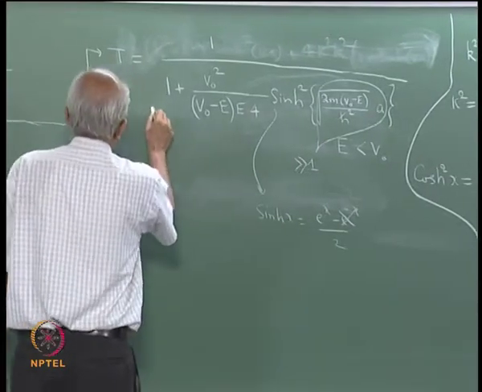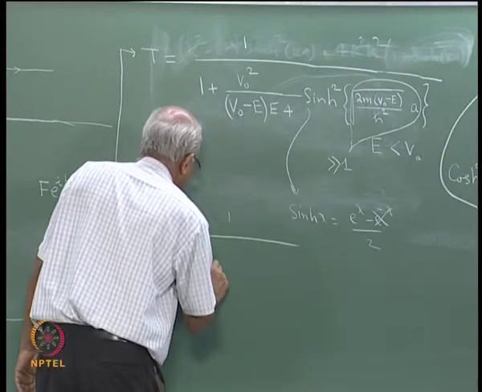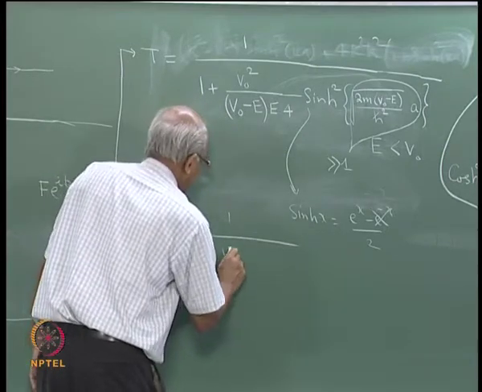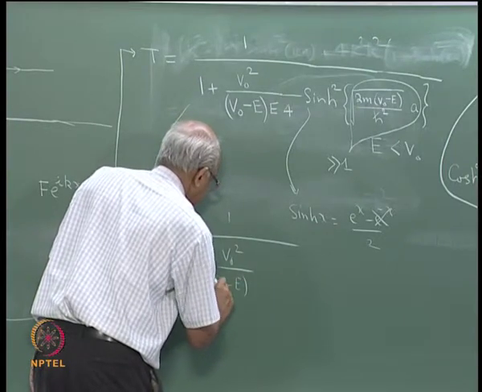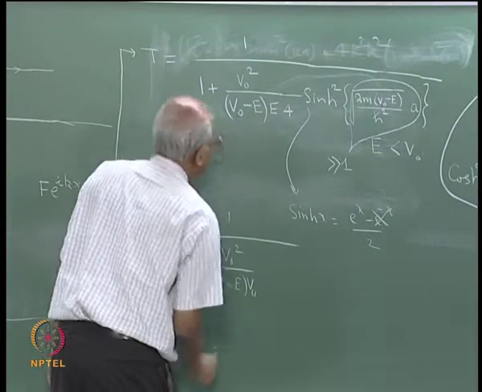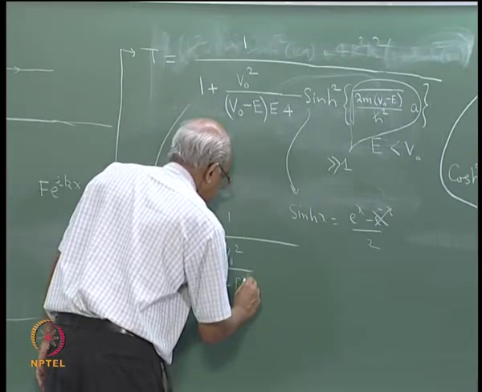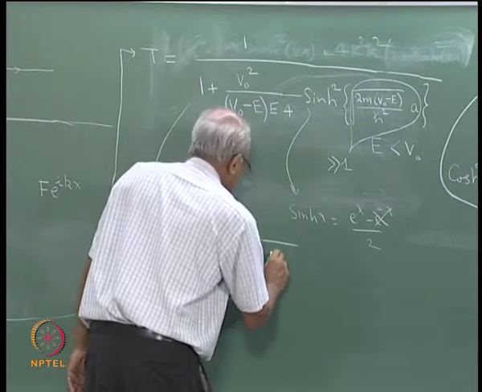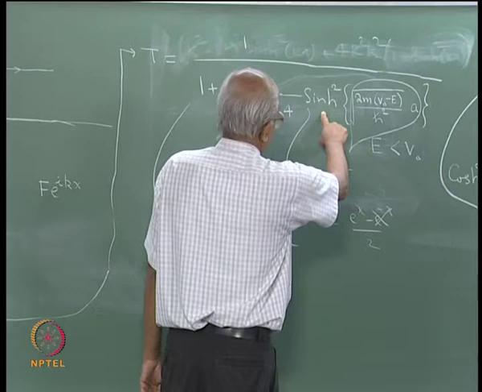And therefore, under that limit, this will become 1 divided by 1 plus V0 square divided by (V0 minus E) into E divided by 4 sinh square.